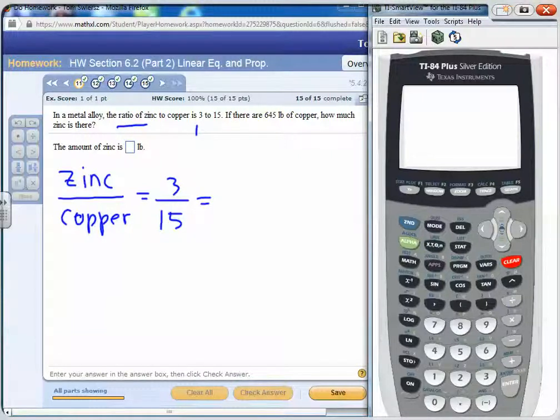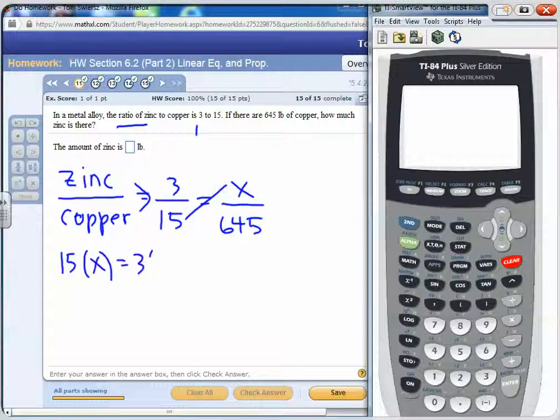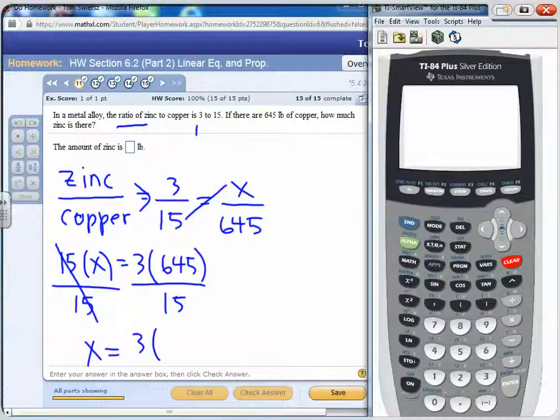How much zinc is there? That's unknown, so that's X. If there are 645 pounds of copper, so 645 goes in the numerator for the amount of copper. Cross products are equal, so 15 times X is equal to 3 times 645. Divide both sides by 15. 15 over 15 is 1. 1 times X is X. So X is just going to be 3 times 645 divided by 15.